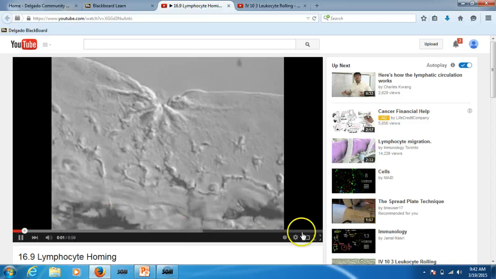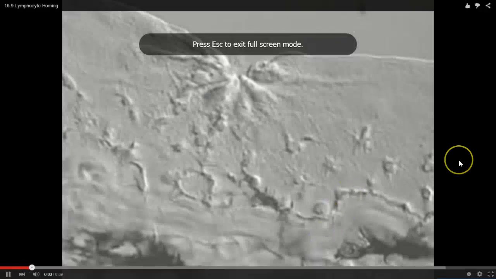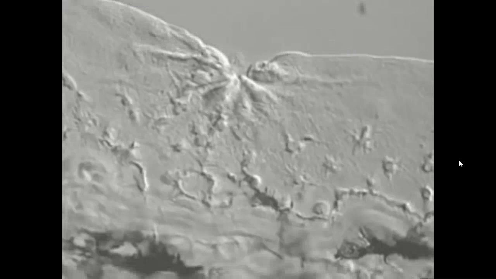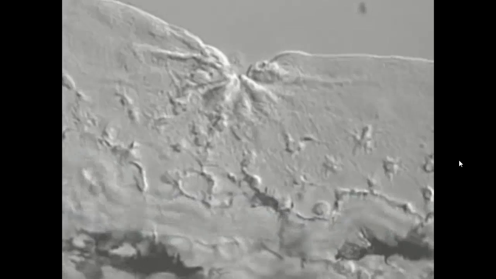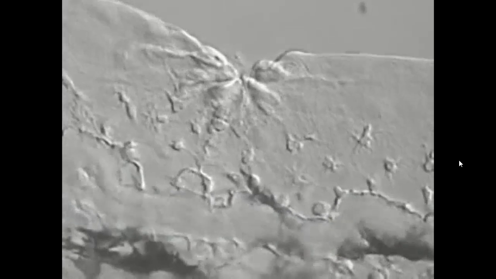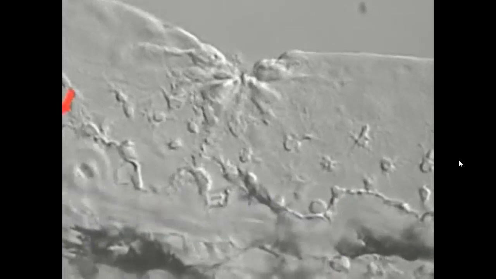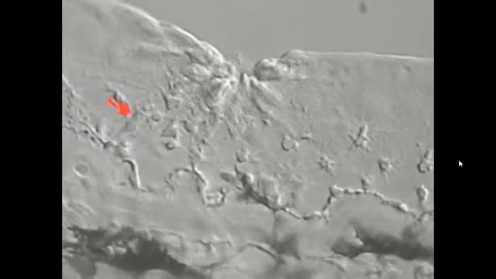There we go. To visualize lymphocyte homing to a site of injury, a zebrafish larva was anesthetized and its fin pierced with a needle to introduce a small wound. A vein is seen at the bottom of the frame. Because the fin is very thin and transparent, we can watch directly as lymphocytes crawl out of the blood vessel and migrate towards the wound.